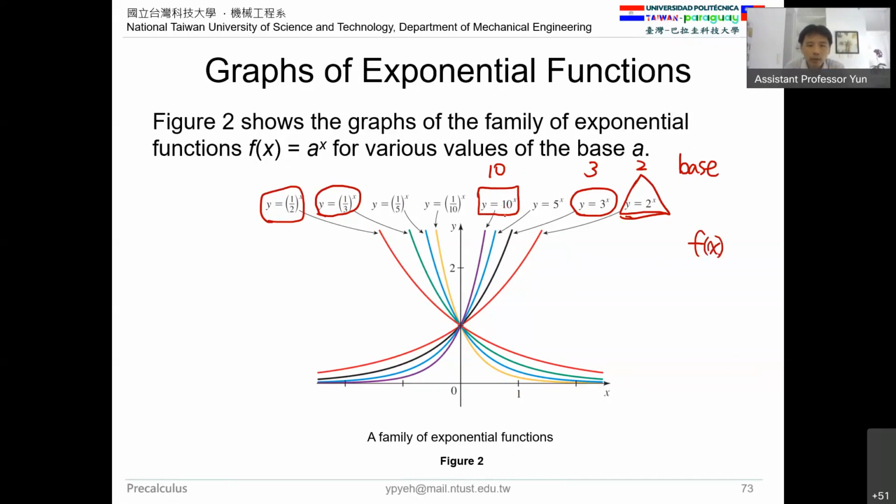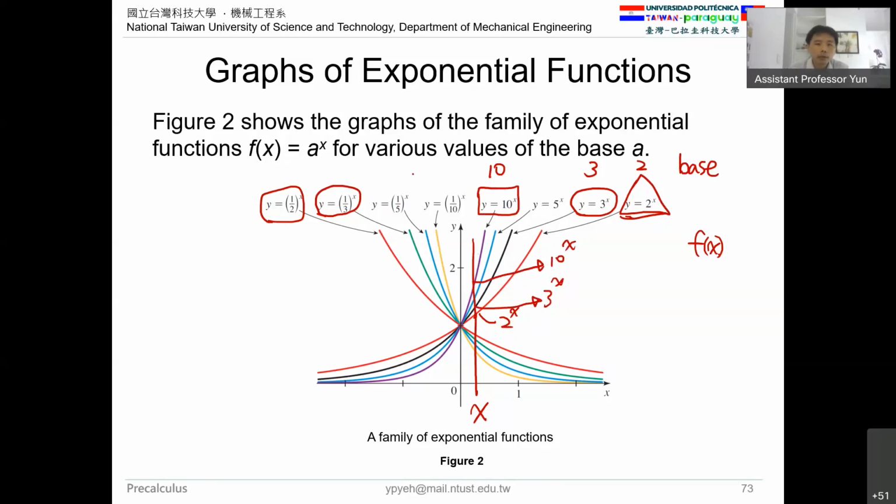When the base is 10 with the power of x, the graph gets close to the vertical direction. Here we show f of x: this is 2 to the x, this is 3 to the x, and this is 10 to the x. It makes sense that the larger the base, the higher the result of the function.